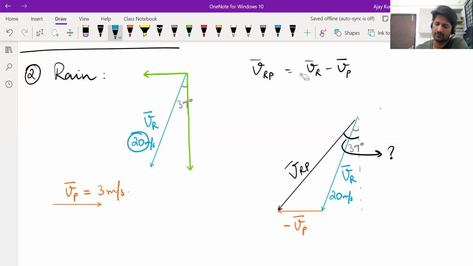Let's take the y component first, this one. If you want y component, you need to consider the angle made with the y axis. It's clearly making 37 degrees with the y axis. So its component in this direction will be 20 cos 37 degrees. Cos 37, 4 by 5, 20 into 4 by 5 becomes 16 units.